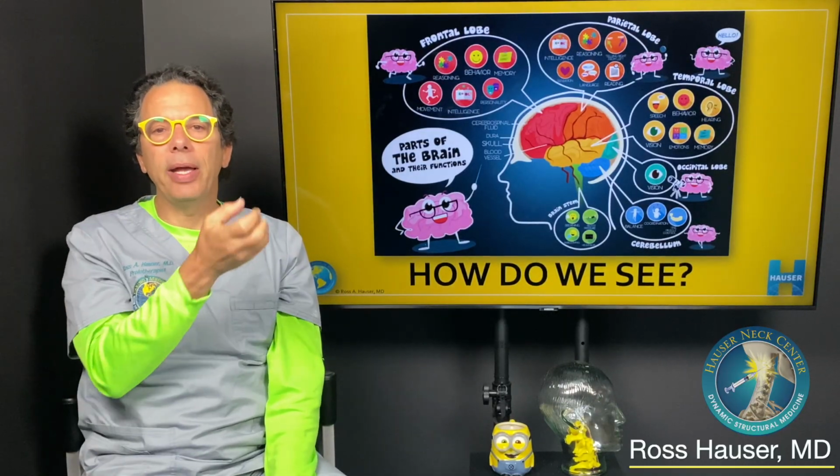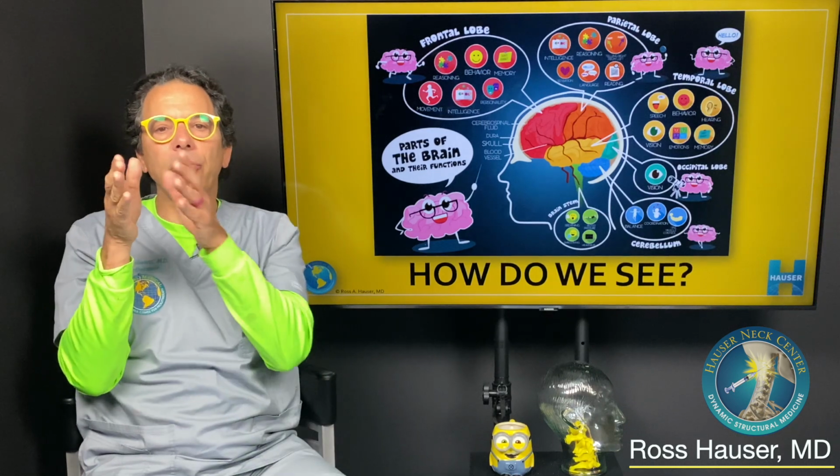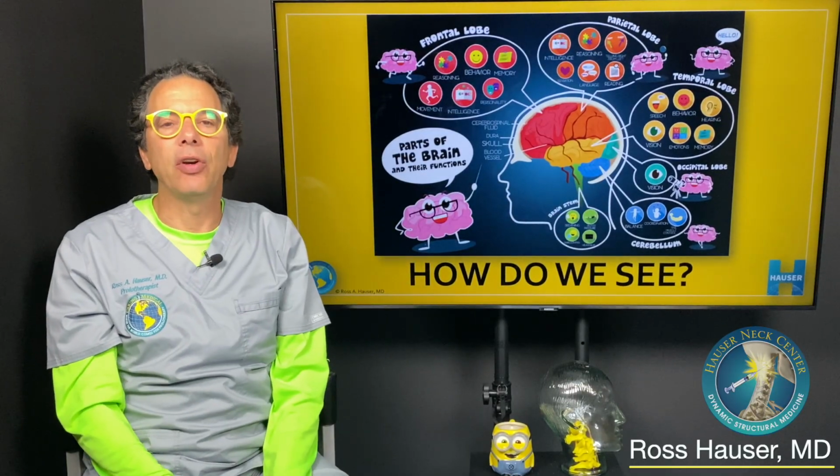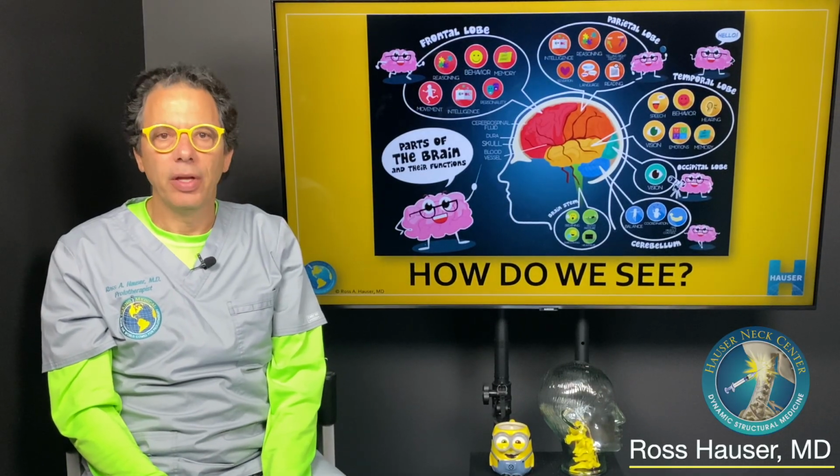Well, it turns out the eye nerve highway, the highway that takes the impulses from the back of the retina to the occipital lobe, so when the occipital lobe gets that image, then you see, that's the optic nerve, or the eye nerve.